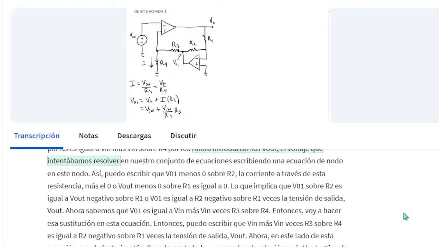Now let's introduce Vout, the voltage we're trying to solve for, into our set of equations by writing a node equation at this node.